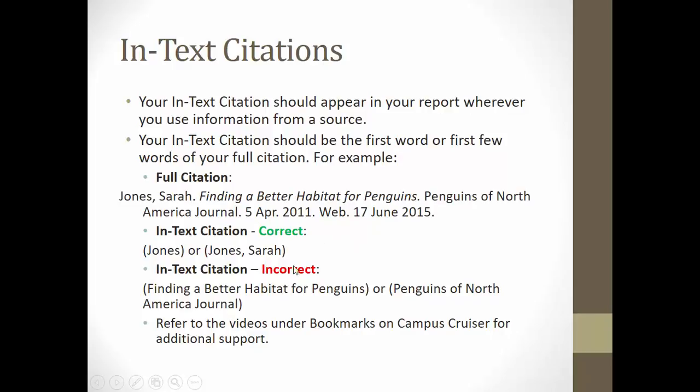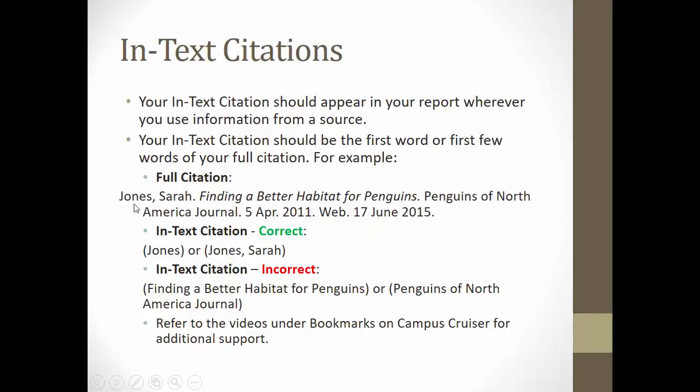Now, it would not be correct, if we go back to this example, to use finding a better habitat for penguins as your in-text citation. It would not be correct to put Penguins of North America Journal as your in-text citation. Because if we see this in your essay or in your report, and we go back to your works cited page, we won't find any citation that begins this way.